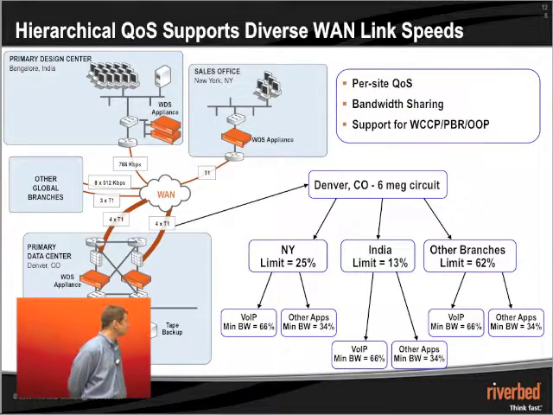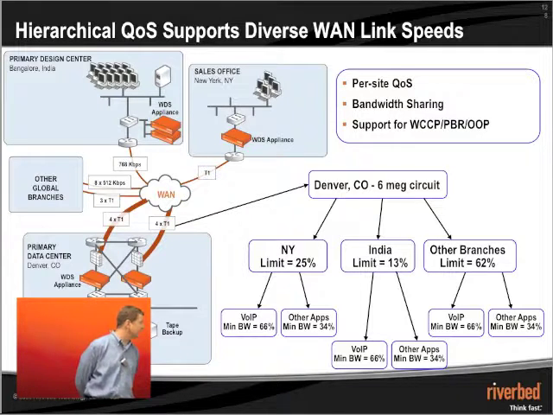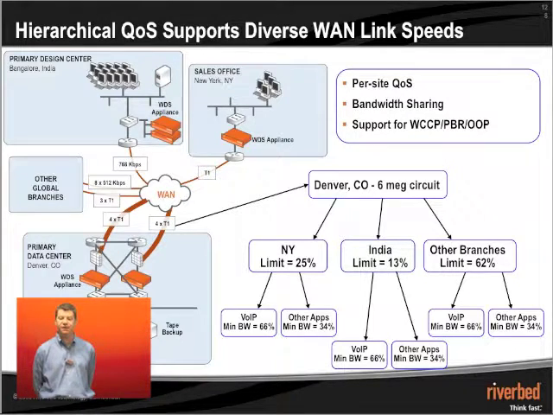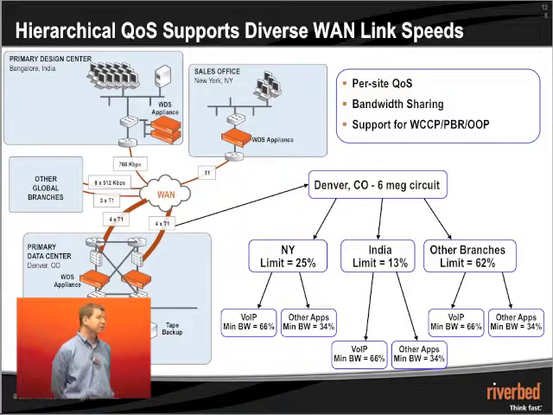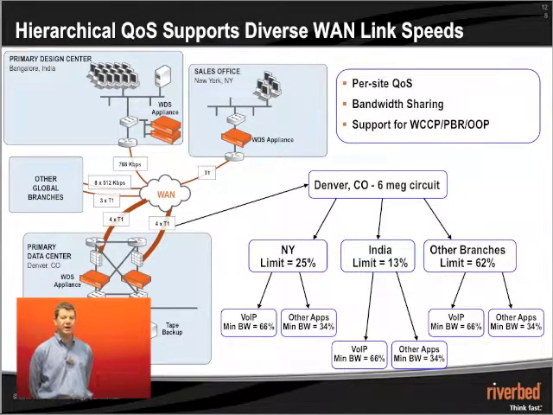This means that for traffic leaving the primary data center in Denver, we can split up the 4 T1s, and we can specify that 25% is used for New York, 13% is for India, and 62% is used for the other branches. Furthermore, we can break down the traffic that is going to New York and specify that 66% is for voice and 34% is for other applications. This is what we mean when we say hierarchical QoS.